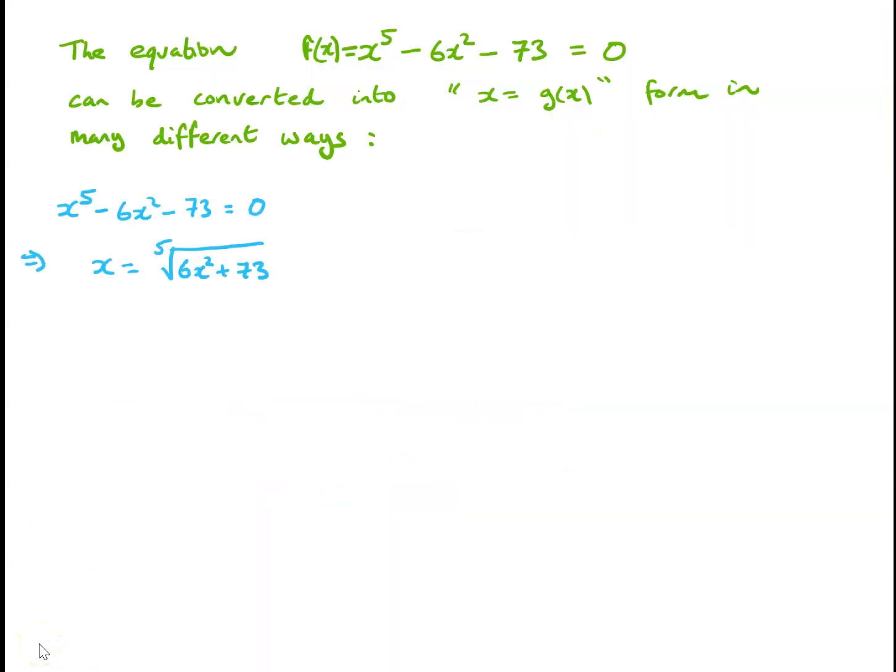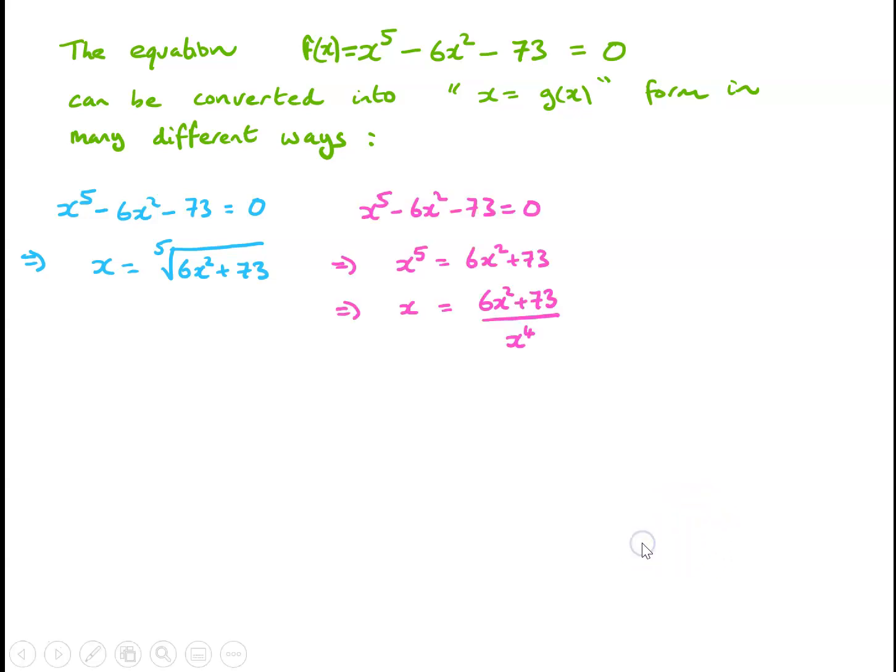Now we've already seen that the equation x to the 5 minus 6x squared minus 73 equals 0 can be rewritten as x equals the fifth root of 6x squared plus 73. But there are lots of different ways in which we could rewrite the equation f of x equals 0 into an x equals g of x format. For instance, we could say x to the 5 is equal to 6x squared plus 73, and dividing each side by x to the 4, we get x equals 6x squared plus 73 divided by x to the 4.